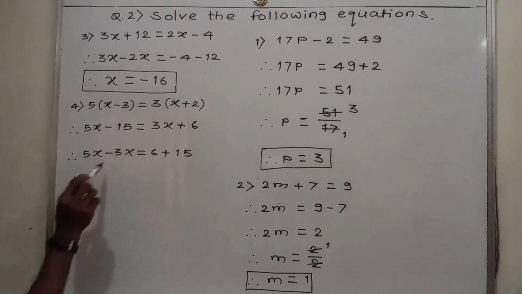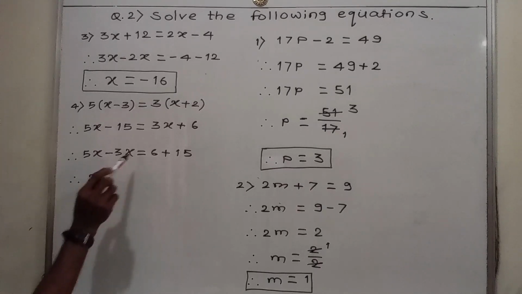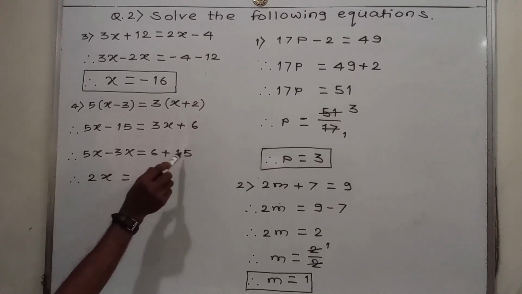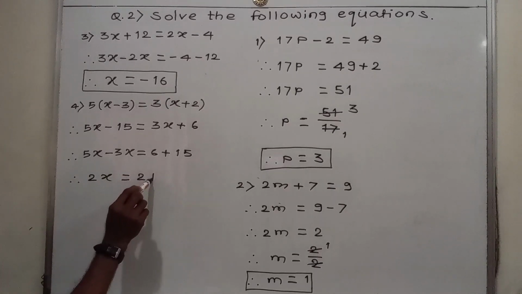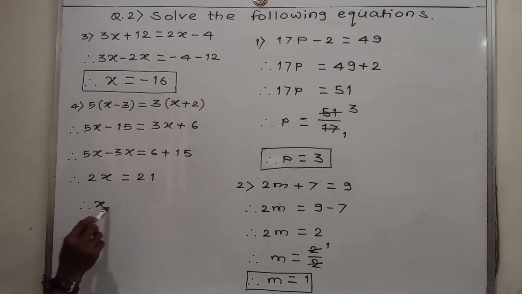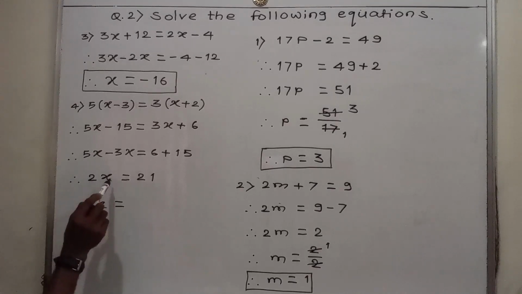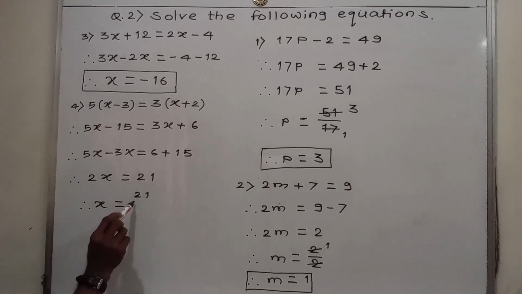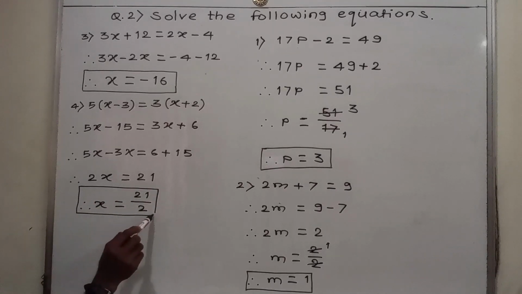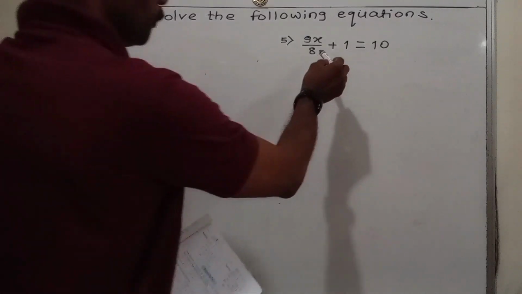Therefore 5x minus 2x is 3x, which means 3x is equal to 6 plus 15, which means 21. Therefore x is equal to 21 upon 3. The 3 goes to the right side and becomes division. This is your answer: x is equal to 7.